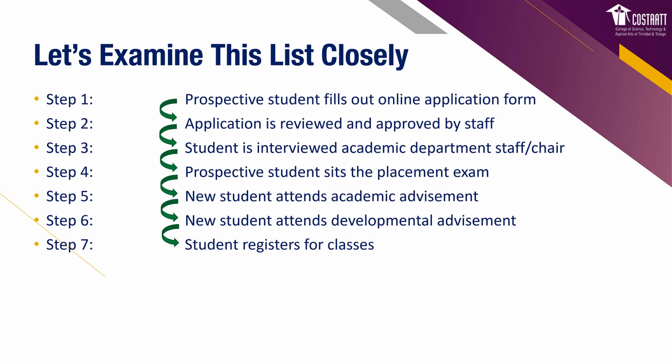The problem with a list written like this is that it does not reflect the reality of what actually happens in the organization. For example, if the prospective student in step 1 misses certain information in the application form, they've left it out, or they may have included erroneous information, and that omission or error is picked up by the member of staff who is reviewing the application.